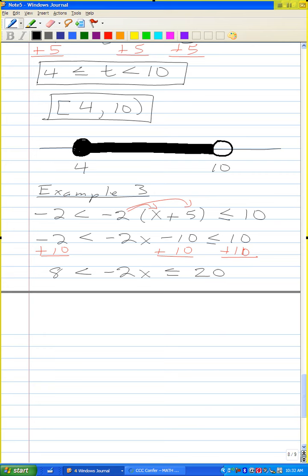Now let me divide all sides of my inequality by a negative 2, which unfortunately means that I'm dividing by a negative. And so now this is sort of the case I didn't want to look at because it's the hard case. And so let's divide by a negative 2.